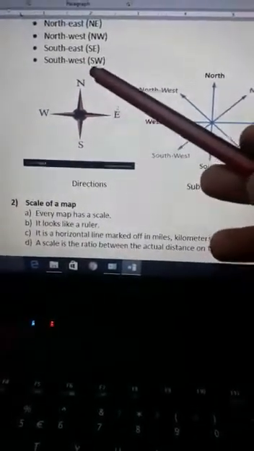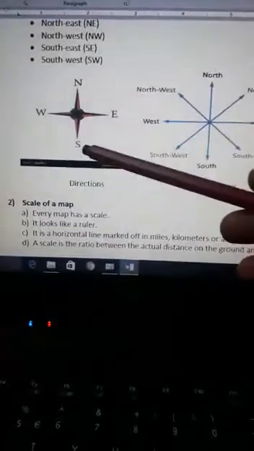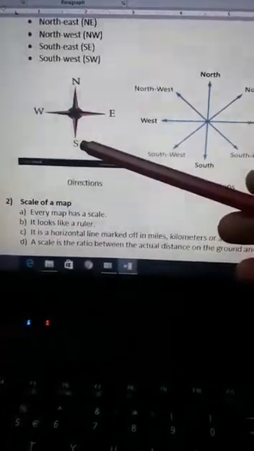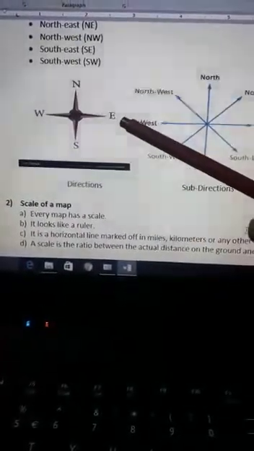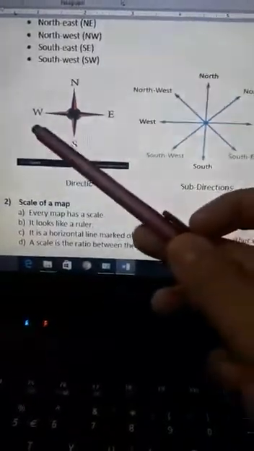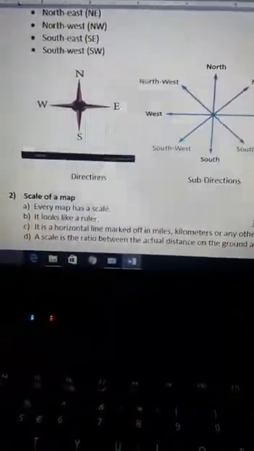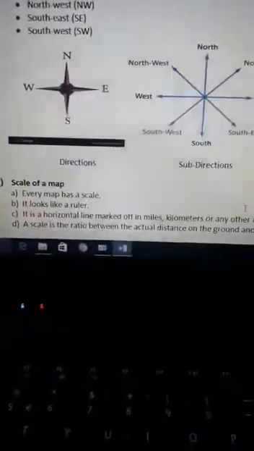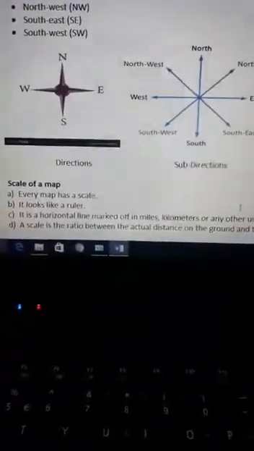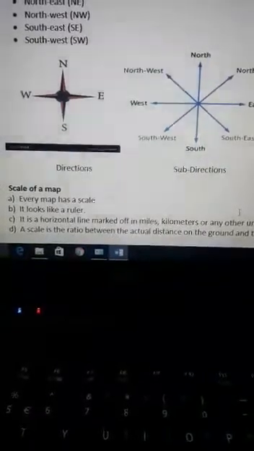As you can see here in the diagram also, at the top, towards my head, is the north direction. At the bottom is the south direction. Towards my right is the east direction, and towards my left is the west direction. And I have always told you that if we are facing the map, then my right will be east and my left will be west.